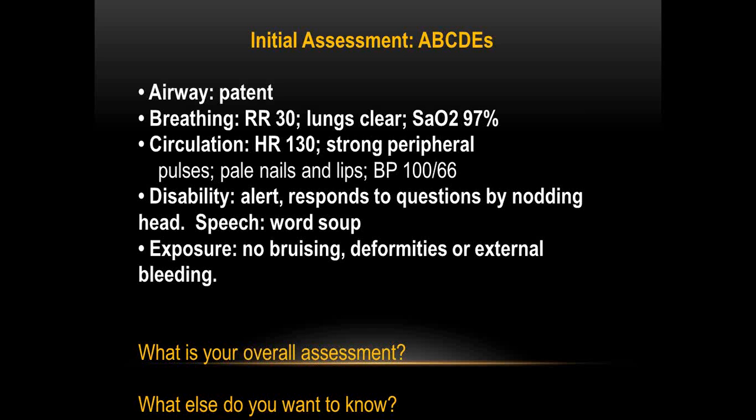He's alert. He can respond to your questions by nodding his head, but when he tries to talk, it doesn't make any sense at all. You don't see any bruising, you don't see any deformities, and you don't see any external bleeding.